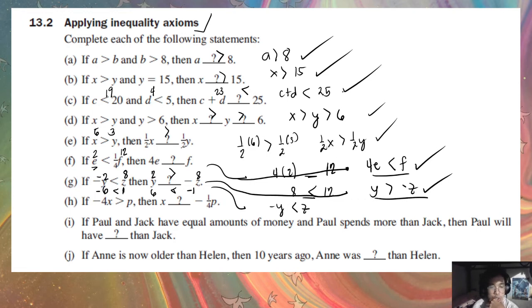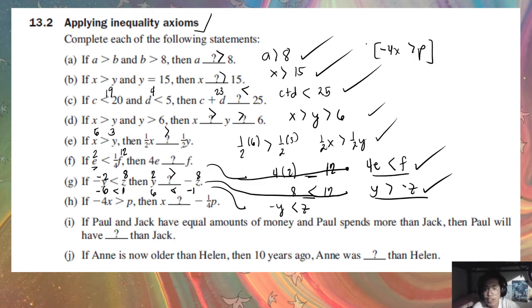For letter H, negative 4x is greater than p. Therefore, we can say that x should be blank of negative 1/4 of p. Now, for this problem, let's try to solve it.